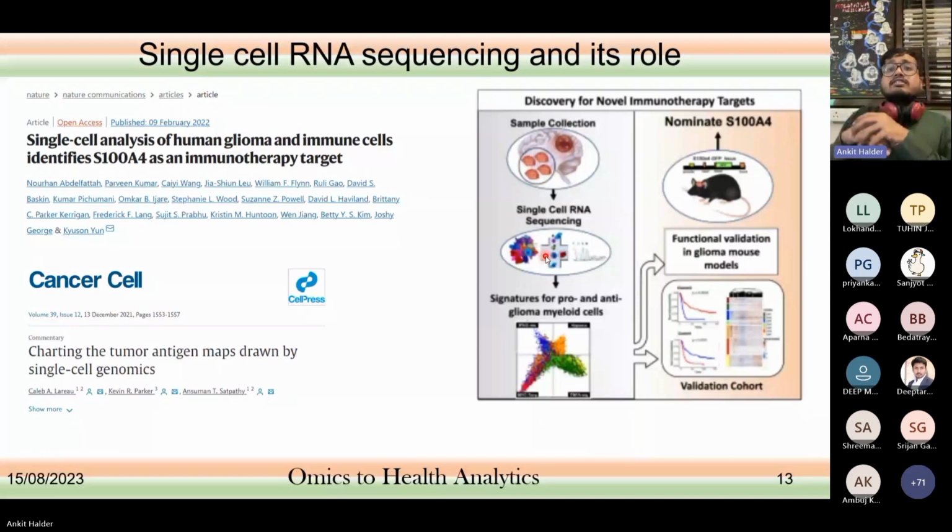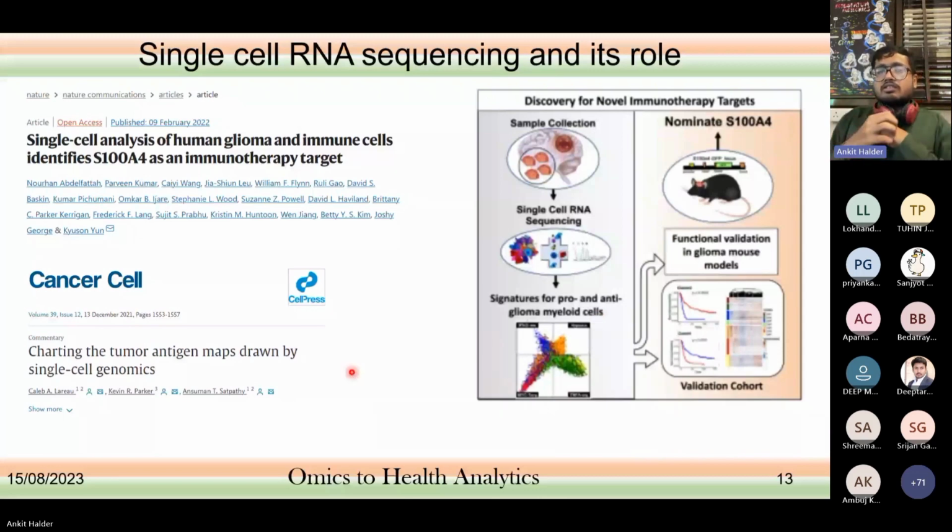For example, this paper has shown that single cell analysis of human glioma and the immune cells identified S100A4 as an immunotherapy target. They nominated this particular S100A4 as a target for immunotherapy. After you do that, you can always go for animal model studies.